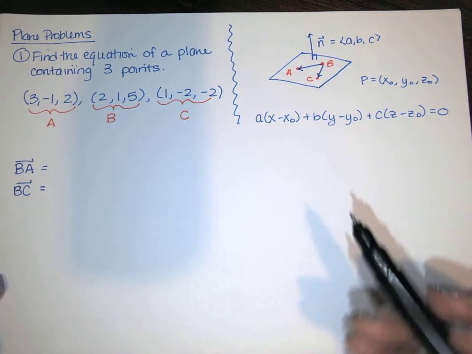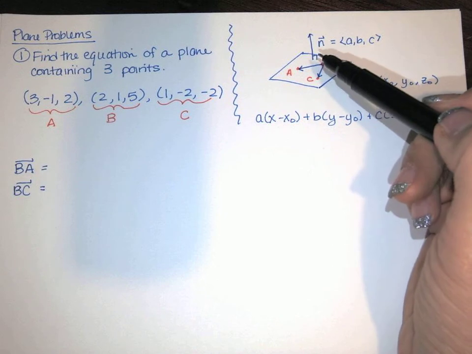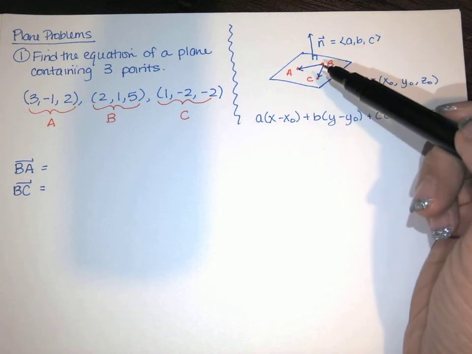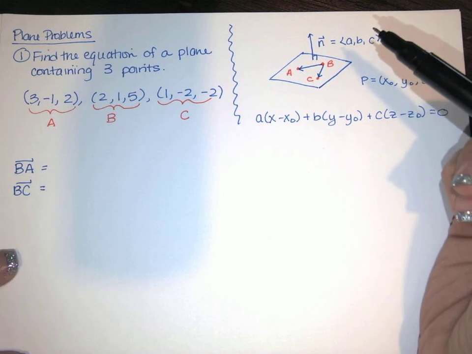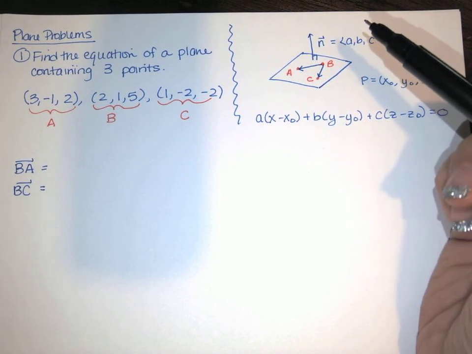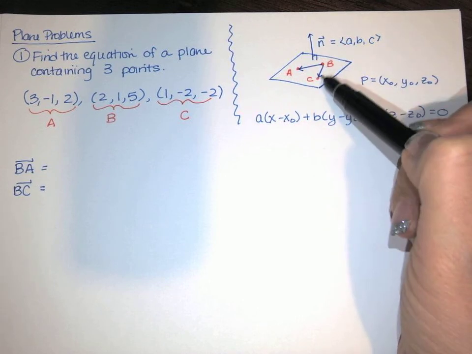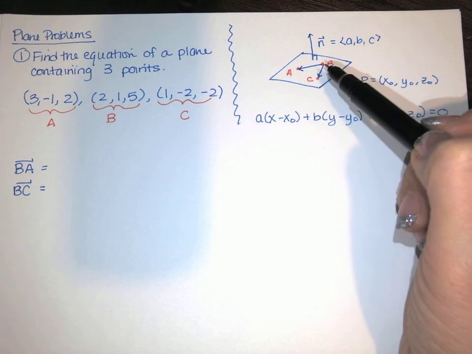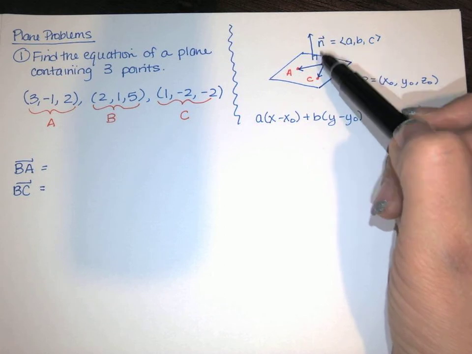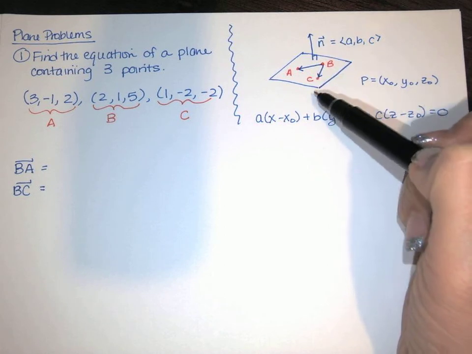And the question becomes, if I've got 2 vectors in the plane, how can I find a vector that is normal to that plane, or perpendicular to both of those vectors, or we say orthogonal to both of those vectors? I hope you remember from the last section, cross product. If this is the vector u and this is the vector v, the cross product of u and v is either pointing up from the plane containing u and v, or it's pointing in the opposite direction.